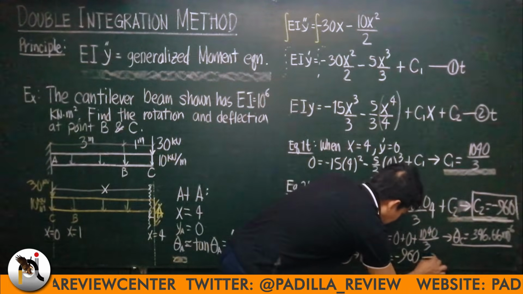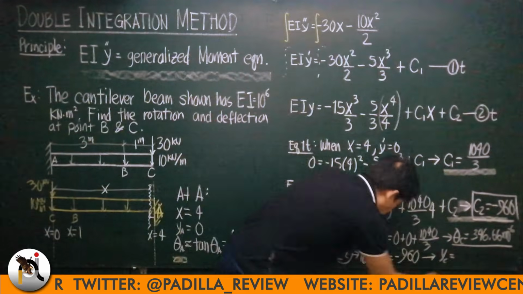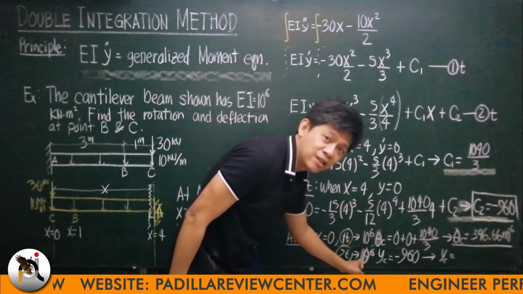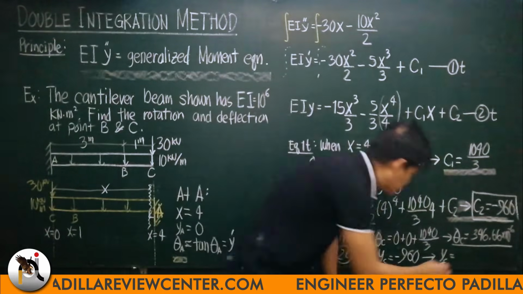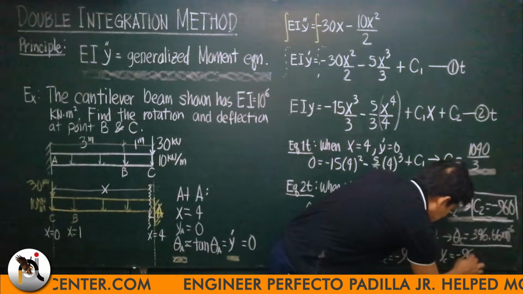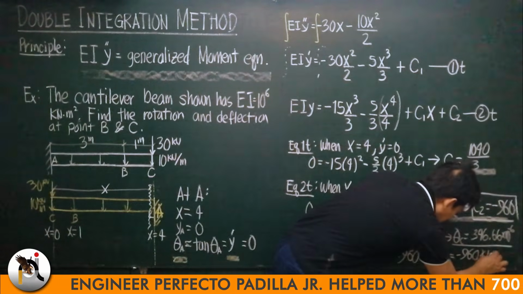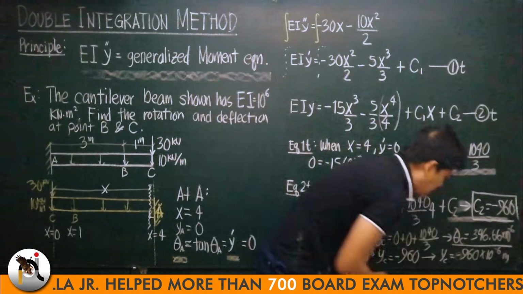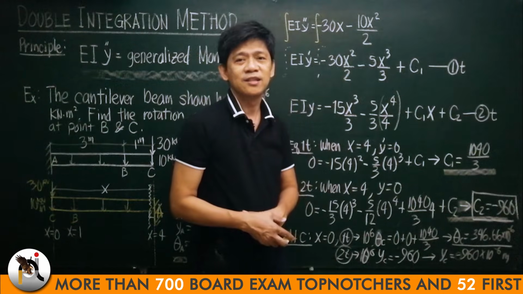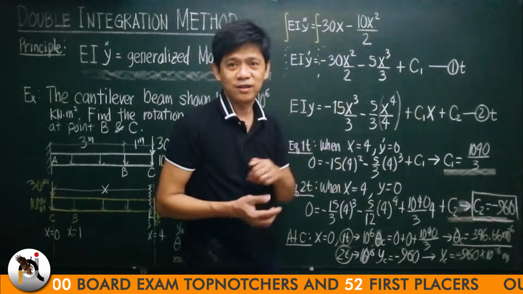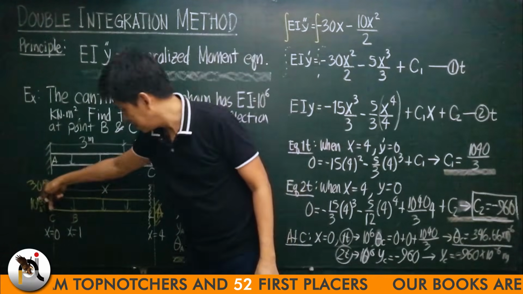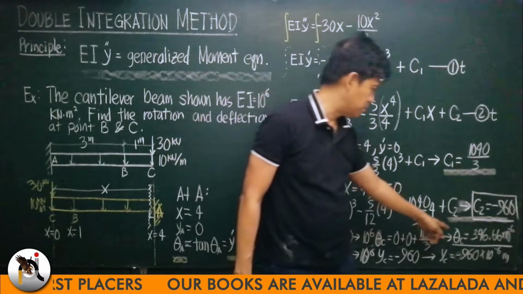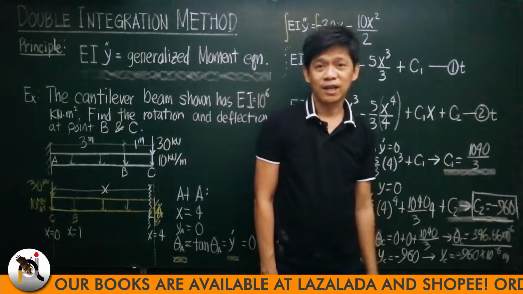So therefore, YC is going to be minus 960 over 10 to the 6, or minus 960 times 10 to the minus 6 meter. The negative sign is an indicator that our Y at C is downward. And the theta at C is positive, so it means it is clockwise.